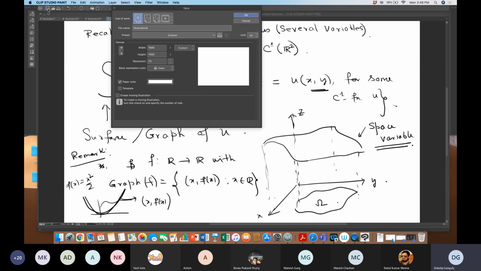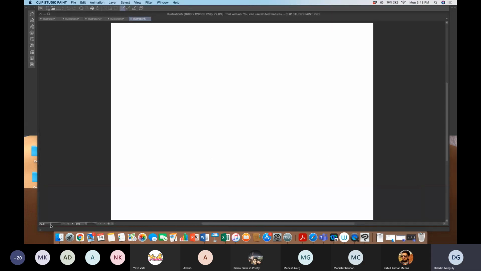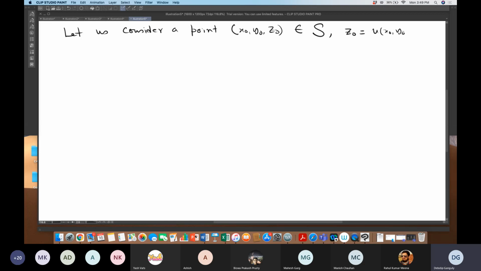Now you tell me what is the normal. Let us consider a point on that previous surface, a point (x naught, y naught, z naught) belonging to S. That means z naught is nothing but u of (x naught, y naught).